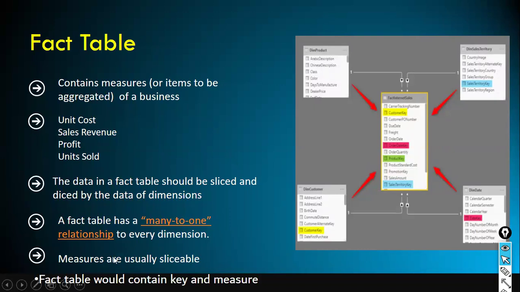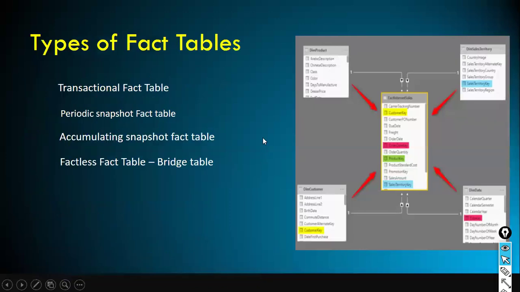So measures are usually sliceable. Measures are like net cost of goods sold by the Asia Pacific region or Europe region, by product, by customer. You can slice the measures with the dimension tables.